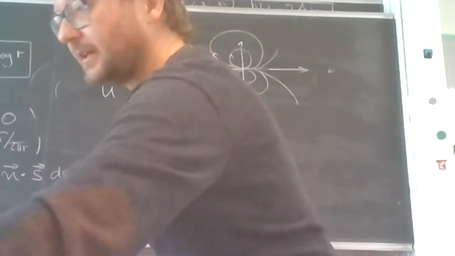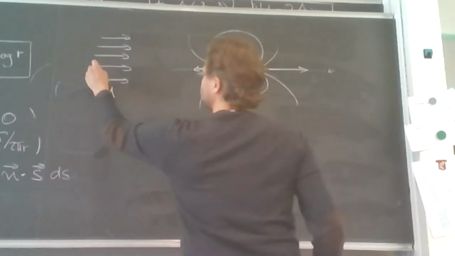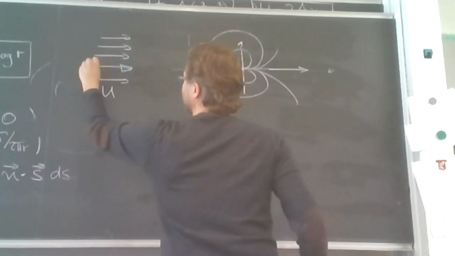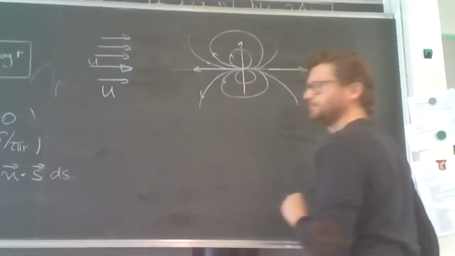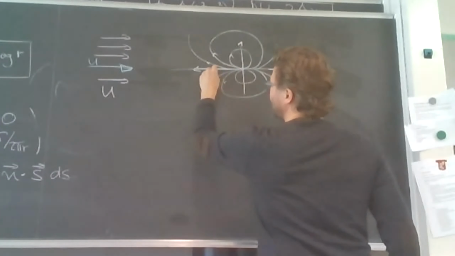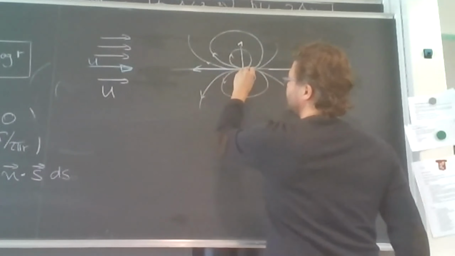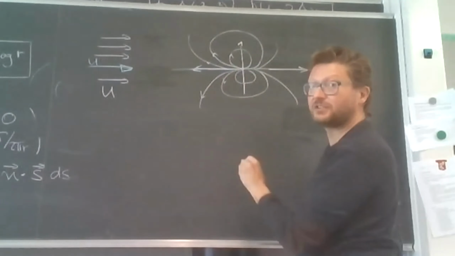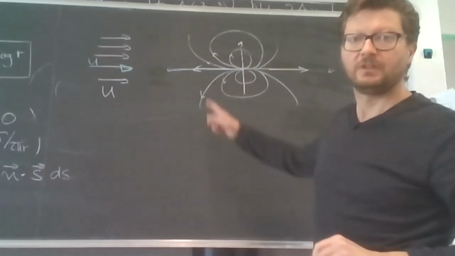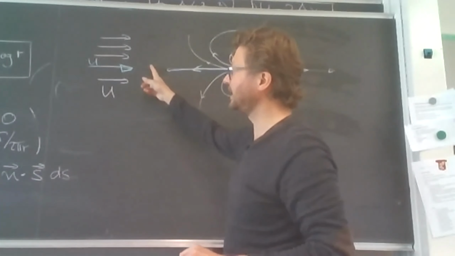So let's look at the streamline here in the center. Here is the flow coming with velocity u. From that side is the dipole velocity coming with a very high velocity in the center, but the farther away we go, the velocity will decay, right?